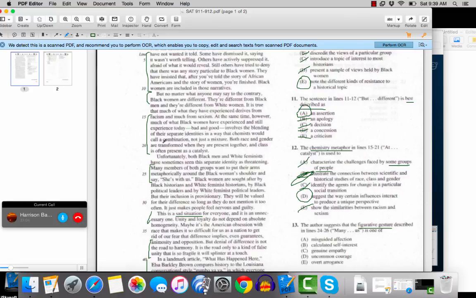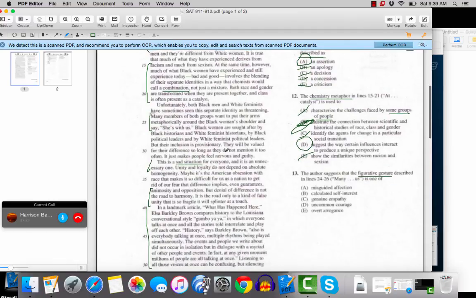That black women have? Yeah, and that's the answer, right? It's the unique perspective that black women have. It's this combination. It's the way that race and gender are transformed, and when they come together, it's almost like a catalyst. Class is present as a catalyst to produce this unique perspective.